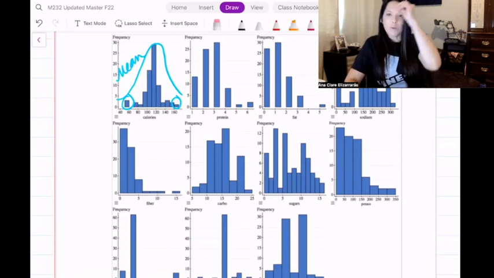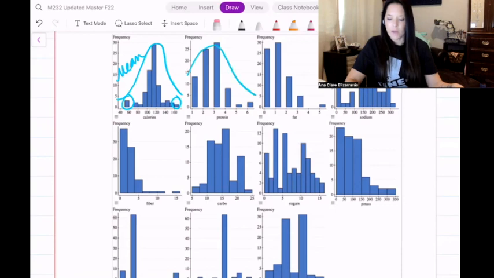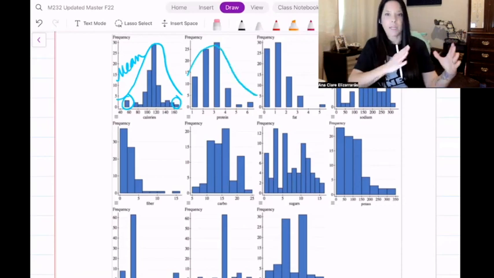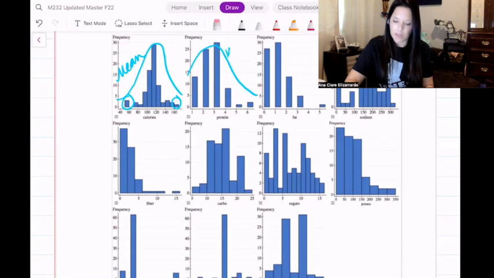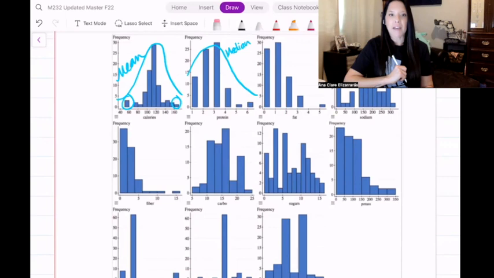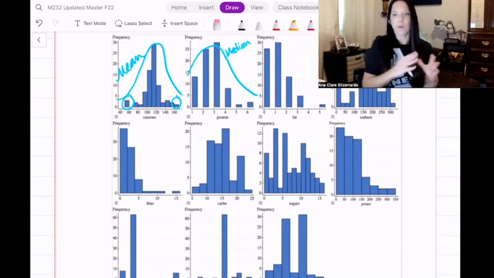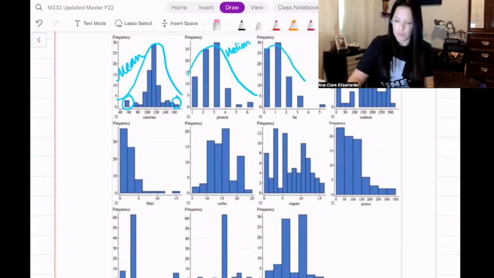For the next graph, protein, that's not symmetric, and I would say we are skewed to the right. Remember, more of the data is to the left, and I would want to use the median. Same thing with our fat. We're skewed to the right because more of the data is to the left, and we would want to use our median.